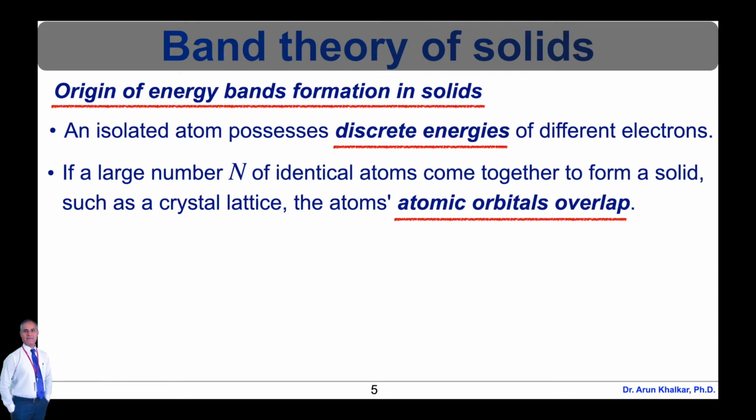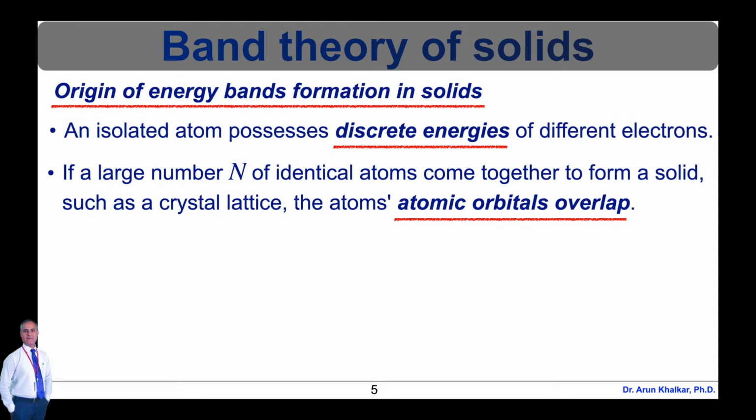Since the number of atoms in a macroscopic piece of solid is very large, N is nearly equal to 10^22, the number of orbitals is very large, and thus they are very closely spaced in energy, of the order of 10^-22 electron volt.